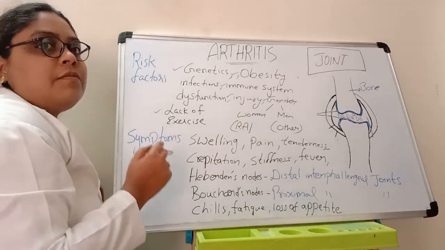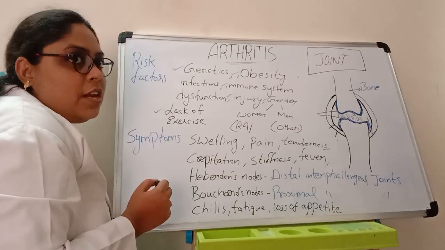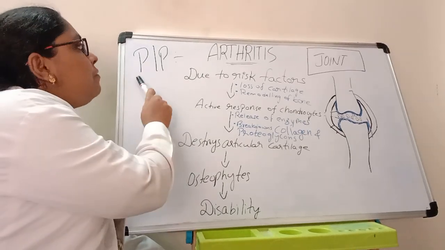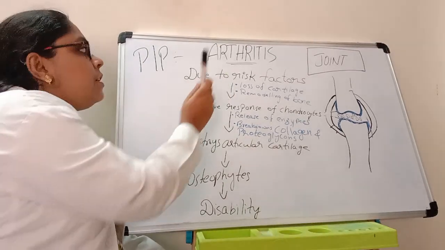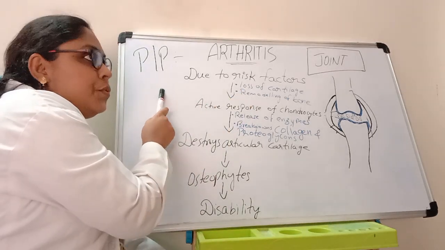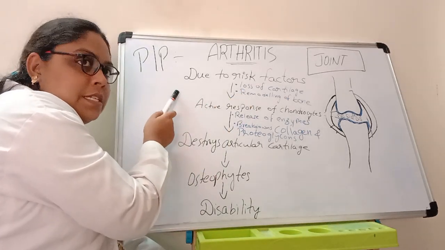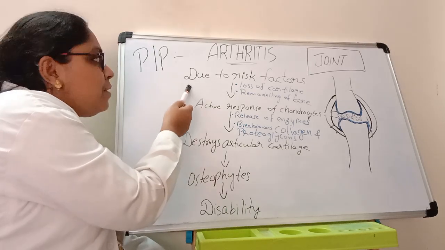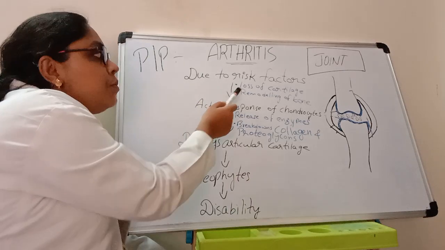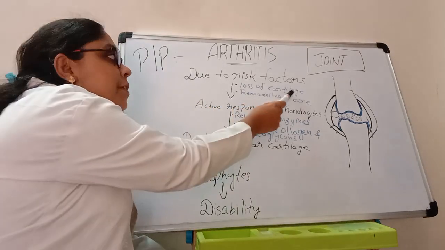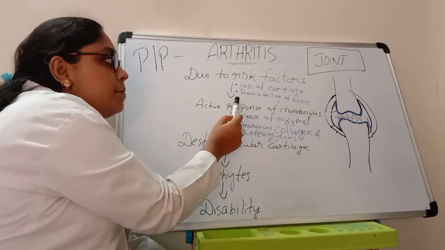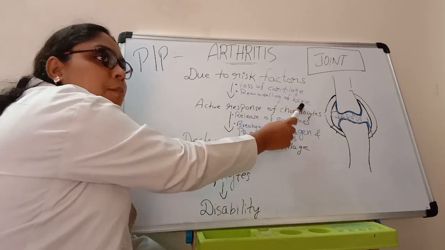And next, we'll discuss pathophysiology. Pathophysiology of arthritis. Due to risk factors like injury, infections, obesity, lack of exercise, etc. Because of any risk factor, what's happening? It is leading to progressive loss of cartilage. When there is progressive loss of cartilage, remodeling of the bone takes place.